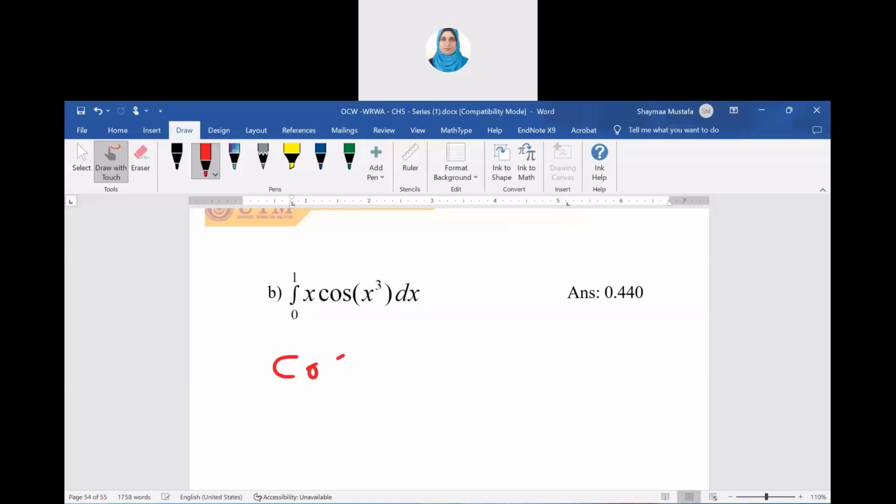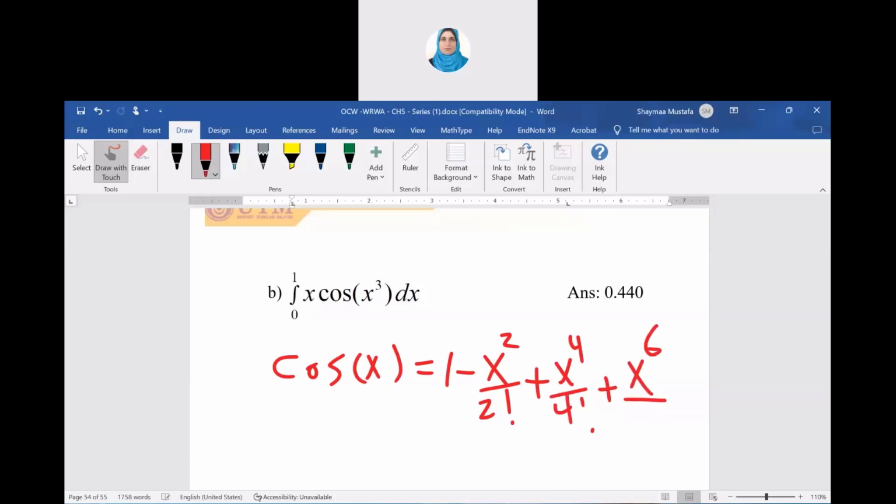The Maclaurin series for cos x is equal to 1 minus x squared over 2 factorial plus x to the power 4 over 4 factorial minus x to the power 6 over 6 factorial, plus x to the power 8 over 8 factorial.